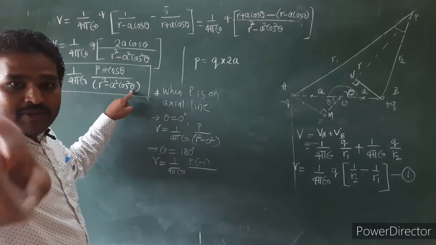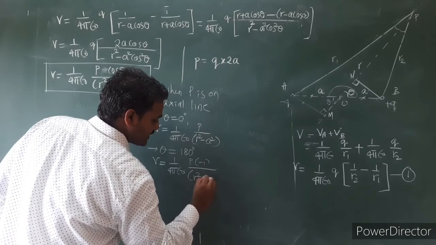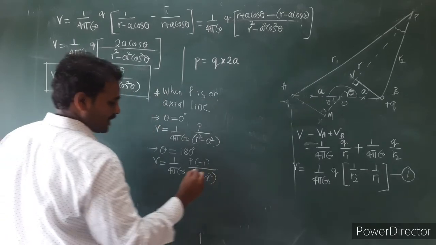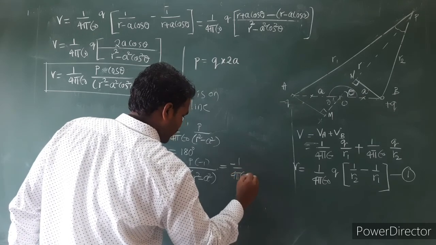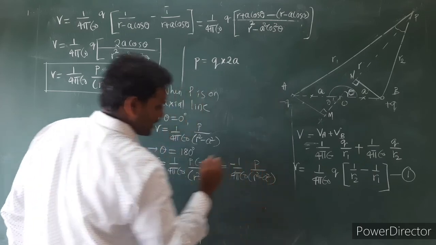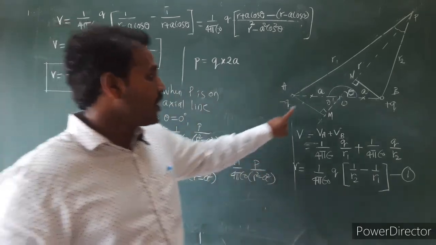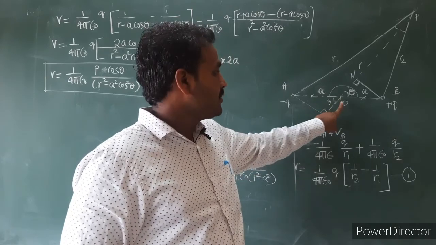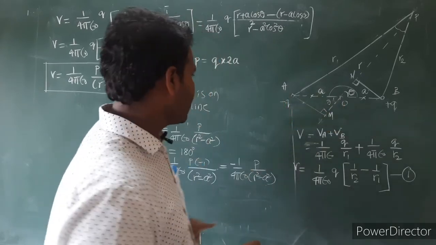Here cos square theta will again be equal to plus 1. The denominator does not change here, that is R square minus A square. So this I can write as minus 1 by 4 pi epsilon naught P divided by R square minus A square. This is the general expression for electrostatic potential when the point P is between the midpoint of the electric dipole and the negative charge of the electric dipole.